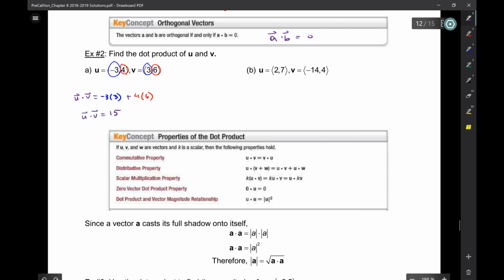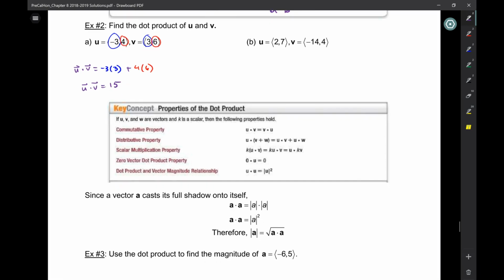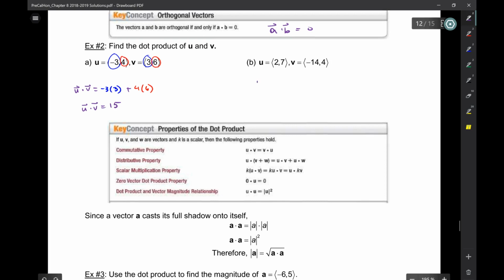That's it. It's not a scalar multiple, it's not absolute value, it's nothing. It's just U dot V is 15. Here, U dot V, 2 times negative 14, negative 28, plus 7 times 4, 28, is 0. So these two are orthogonal.